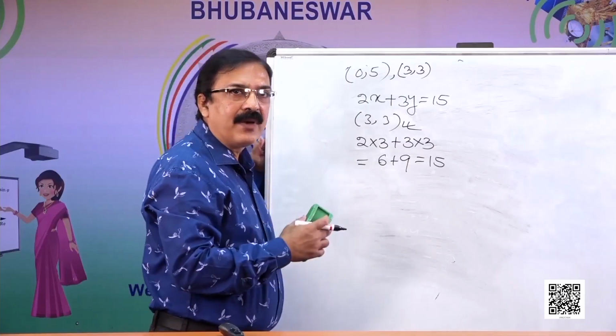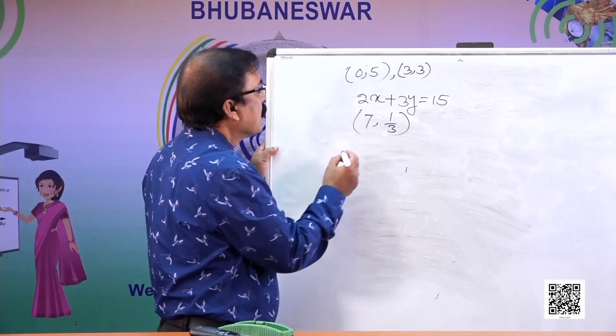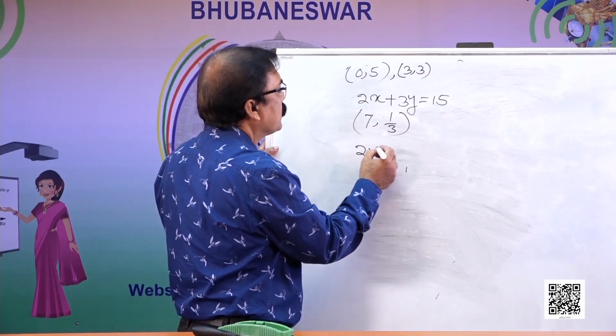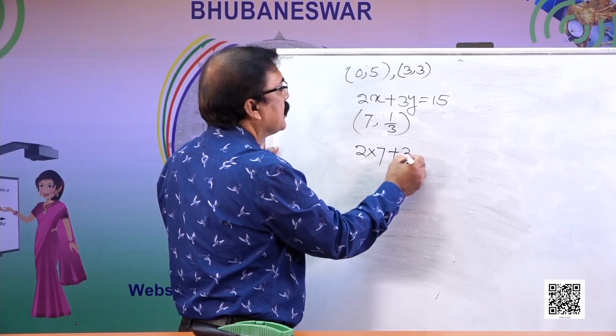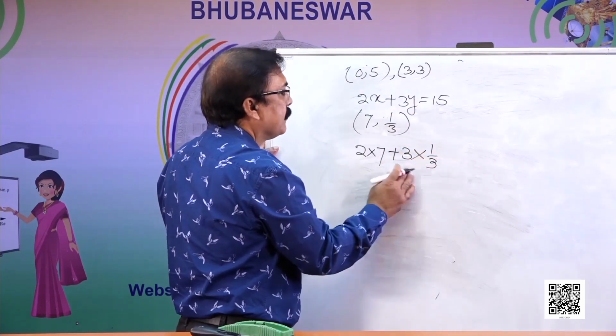Then try with 7, 1 by 3. Here, see, this is a rational number. So 2 into 7 plus 3 into, in place of y, we can write 1 by 3.